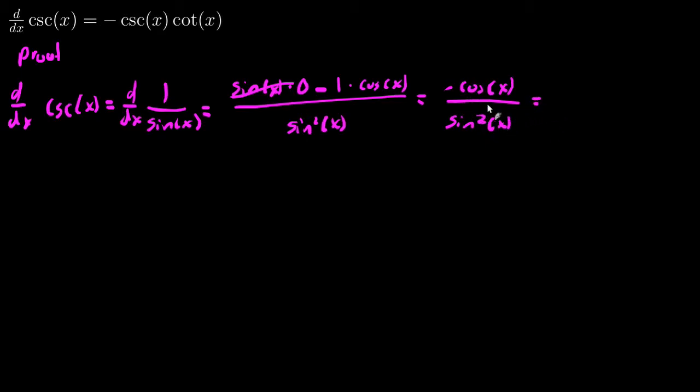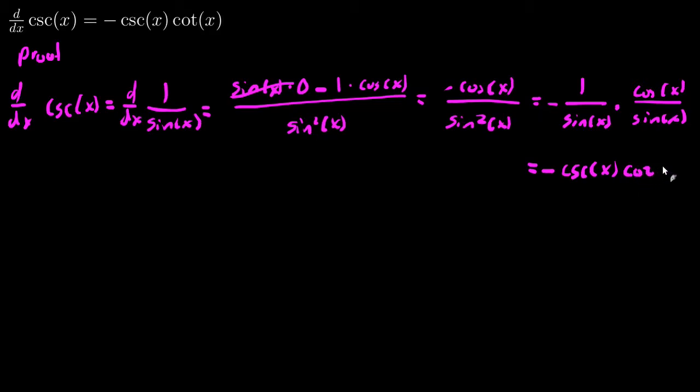So this can be written as negative, take that out, 1 over sine x times cosine x over sine x, which lends me to negative 1 over sine x is cosecant x, and cosine x over sine x is cotangent x. So that's the way to prove it using quotient rule.